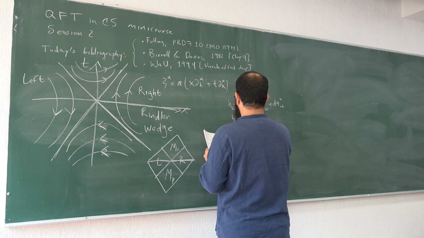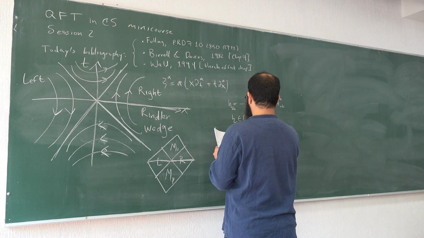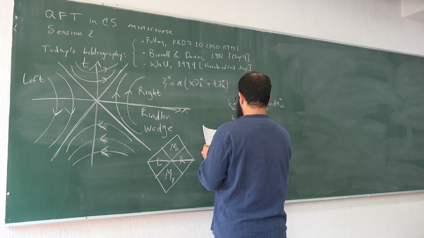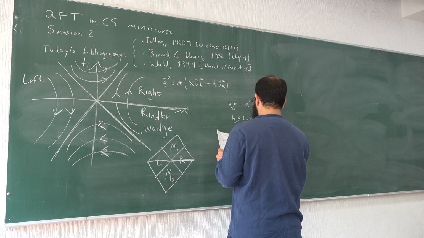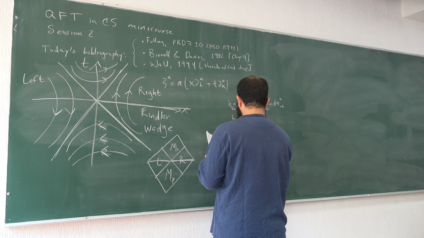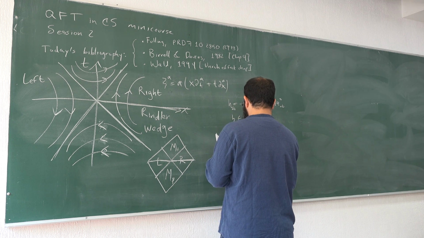Eta is a coordinate running from minus infinity to infinity, and Z is a coordinate running from 0 to infinity, and they're related to the usual Minkowski coordinates in the following way.